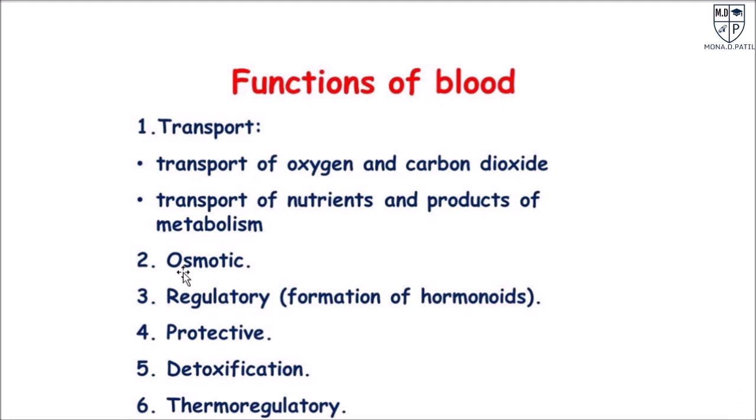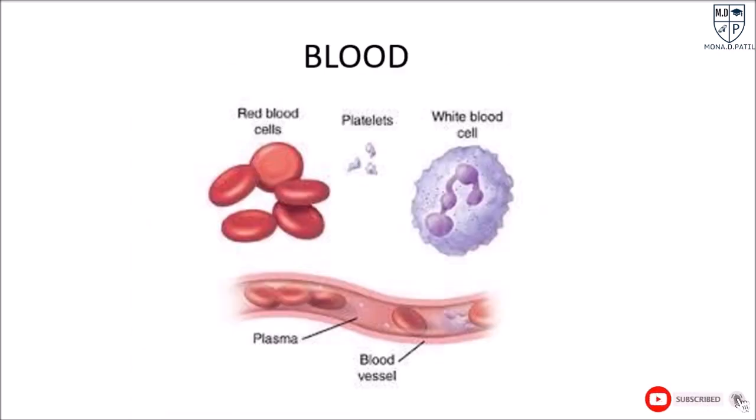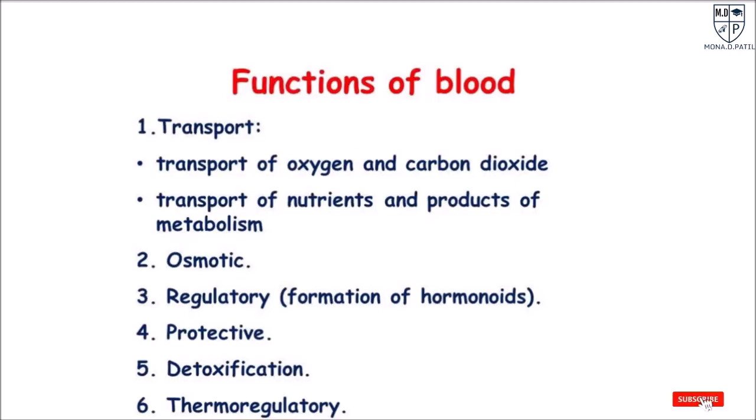Then next is the osmotic. So osmotic means what? Simple nutrients like glucose. These are the components of blood: red blood cells, platelets, white blood cells, plasma. These are the blood components.